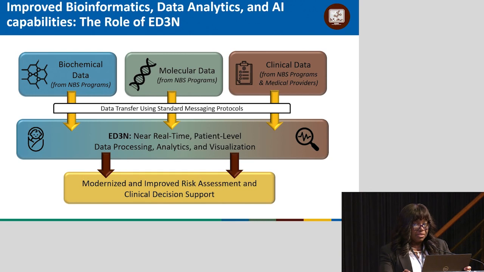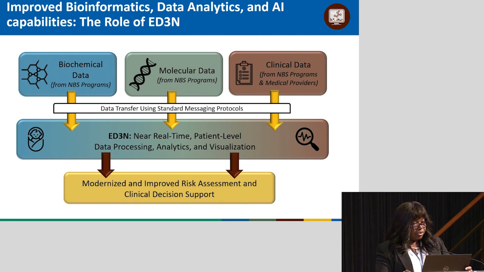This is a very high-level schematic of the EDEN architecture that shows our plans to collect 3 primary data types: biochemical and molecular newborn screening data on infants, and clinical diagnostic phenotype data on infants with actionable screening results.